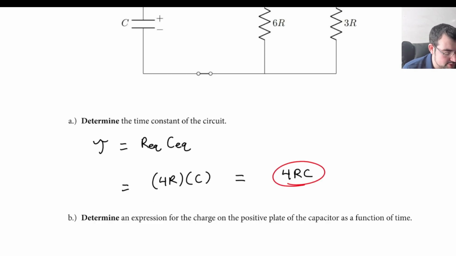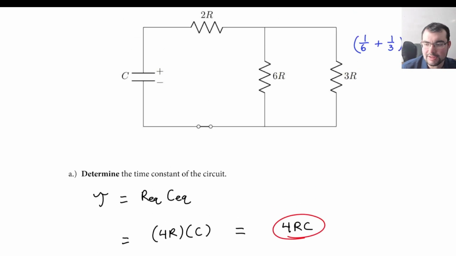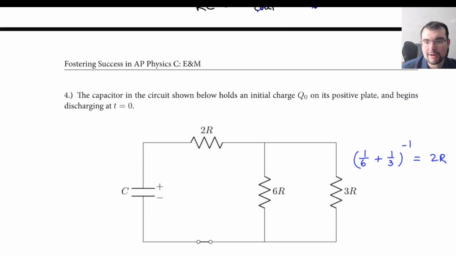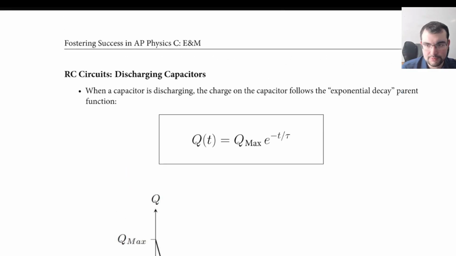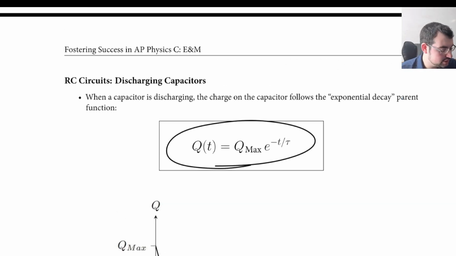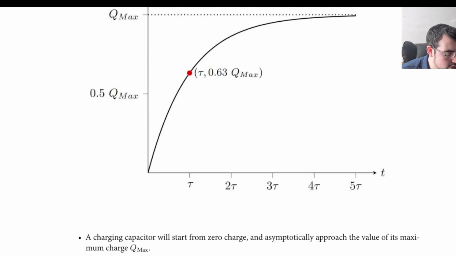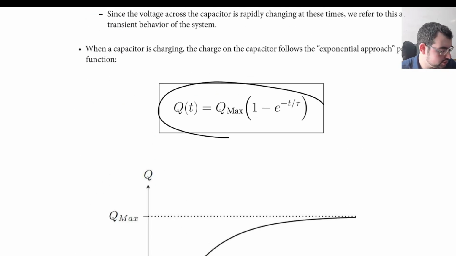Determine an expression for the charge on the positive plate of the capacitor as a function of time. So in this situation, there are exactly two parent functions you have to learn to plug into. We have exponential decay, where it's some maximum value decreasing to 0, or exponential approach, where it's some value increasing from 0 to an asymptote.